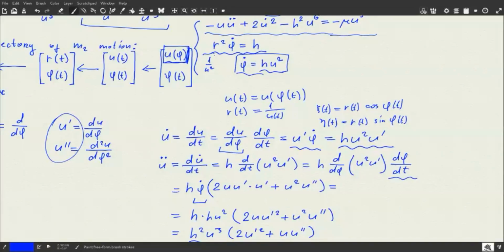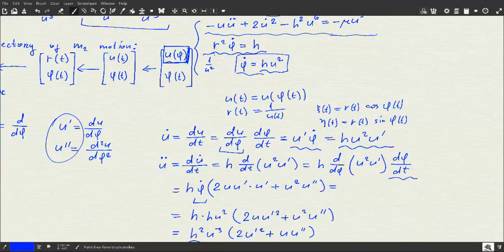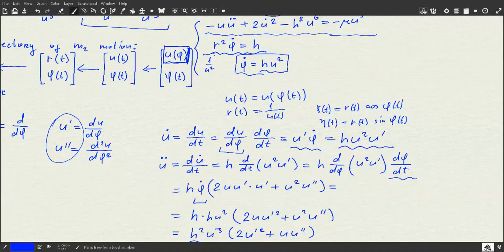So let's rewrite it. Minus u times u double dot, and for u double dot we obtain this. So we get minus u, and here we have u cubed as well. So minus h squared u to the power 4 times 2 u prime squared plus u double prime, plus we have 2 times u dot squared, but for u dot we have this.